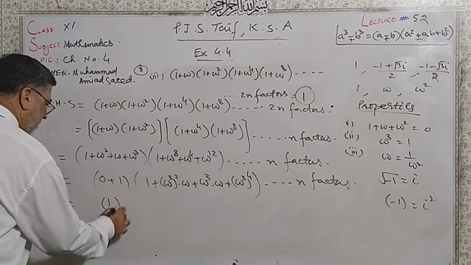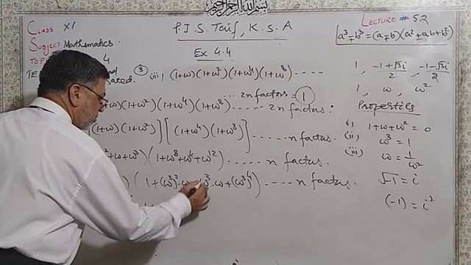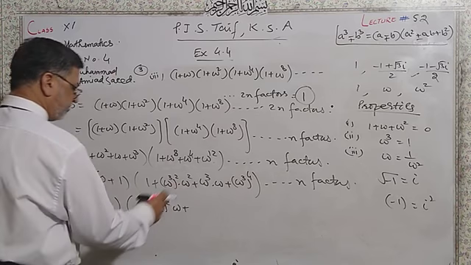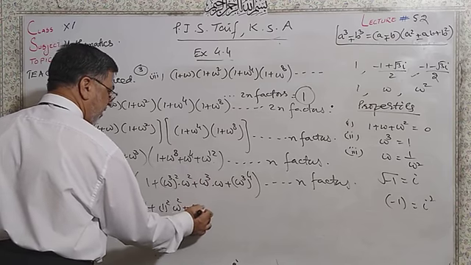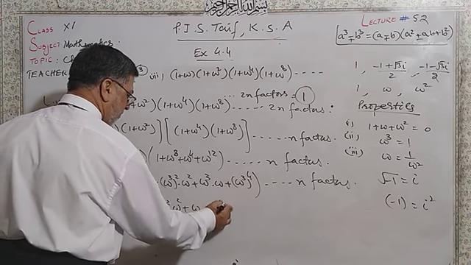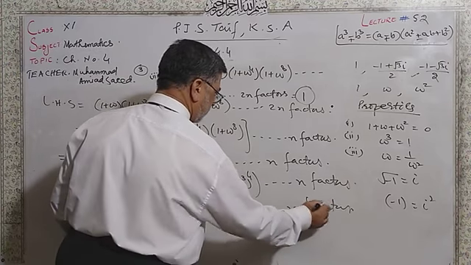Here is 1 into 1 plus 1 square omega plus omega cube again. This is square. And here omega cube is 1, and omega plus omega cube is 1 power 4, and so on up to n factors.